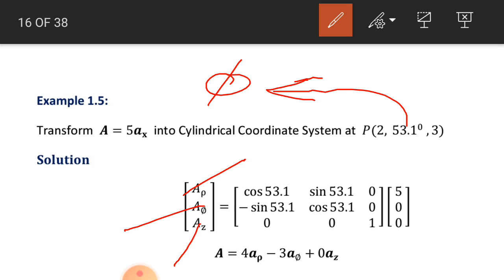So we calculate these 3 components with the help of these matrices. We have cos phi over here, sin phi over here, and then 0. We have minus sin phi over here, cos phi over here, and then 0. And in the last row, we have got 0, 0, 1.